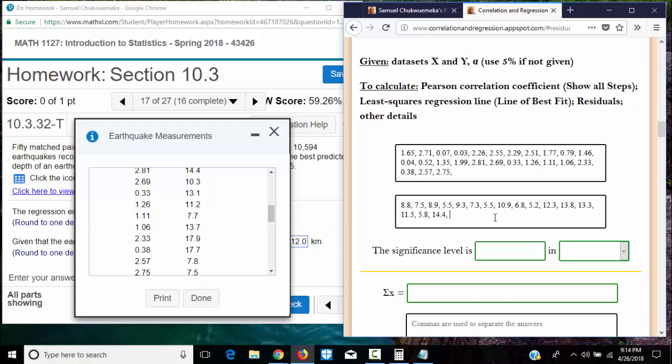Here we have 10.3, 13.1, 11.2, 7.7, 13.7, 17.9, 17.7, 7.8, 7.5.